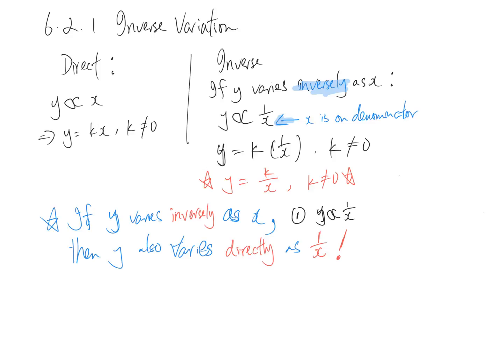The second statement also gives us the same result, y varies directly as, this time taking 1 over x as the unknown. Both of them lead to the same result, which I actually mentioned earlier already. But this is not a very important part.